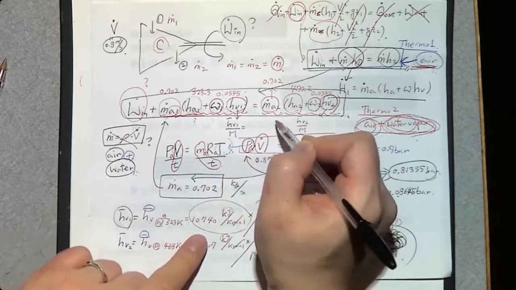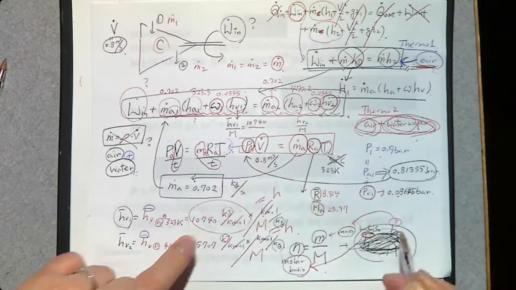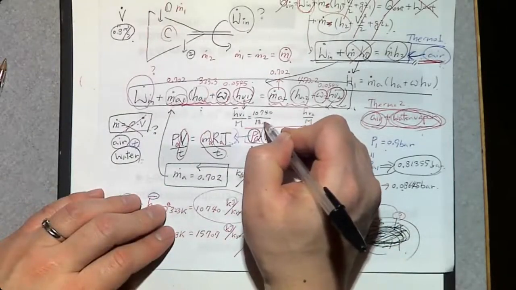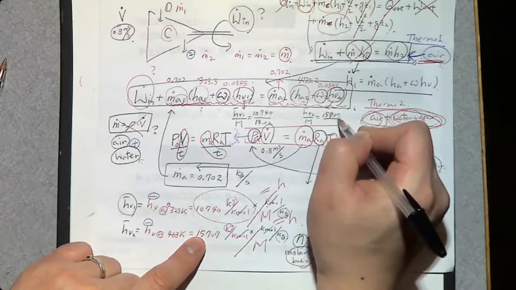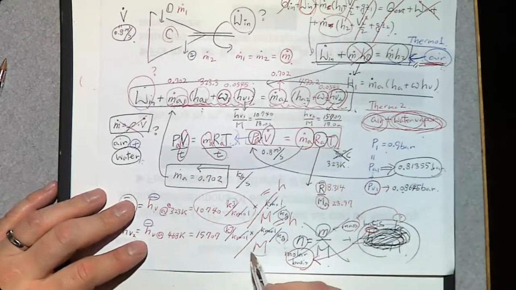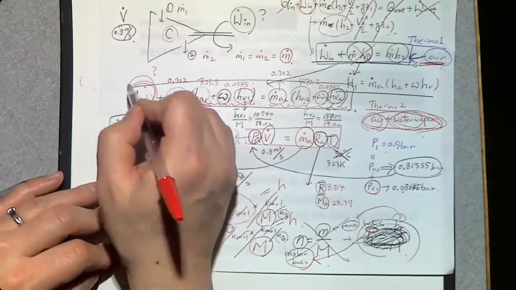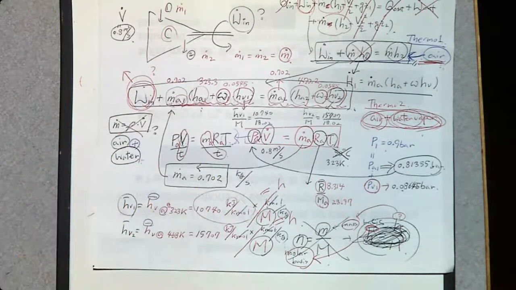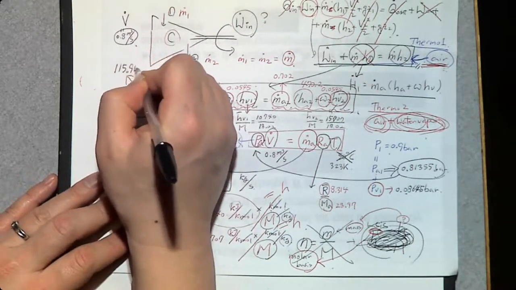So what is this value? 10,740 divided by 18.02. What about this? 15,707 divided by 18.02. Divided by molecular weight. Then now we have everything. You can evaluate the power consumption by the compressor. And if you calculate that, it is going to be 115.9 kilowatt.